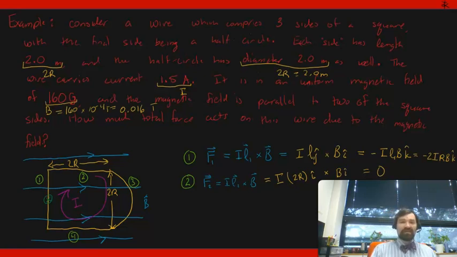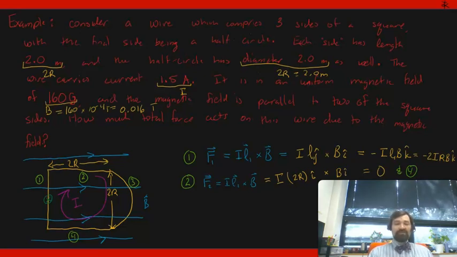Side 4 is going to give us the same result. Everything in here is the same, but you have a negative i hat for the first part. A negative i hat cross i hat is also 0.